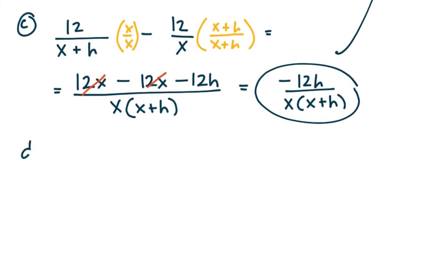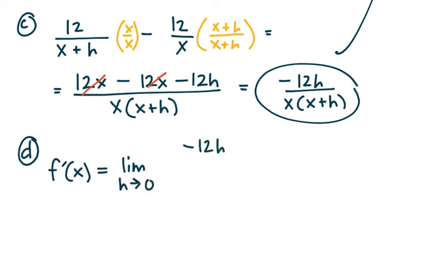For our last part here, we're going to say that f prime of x equals the limit as h approaches 0 of my numerator, which is negative 12h over x times x plus h, all divided by h.